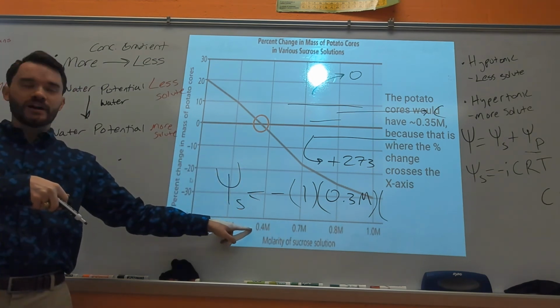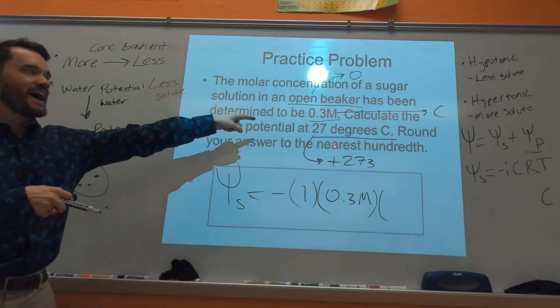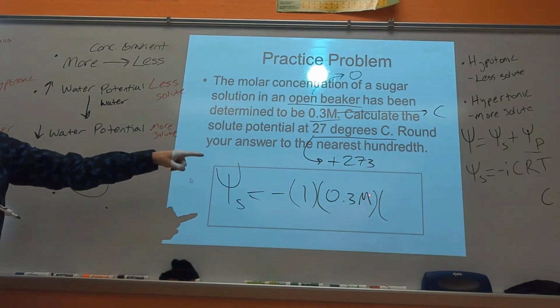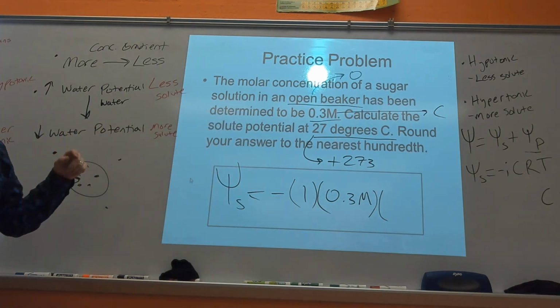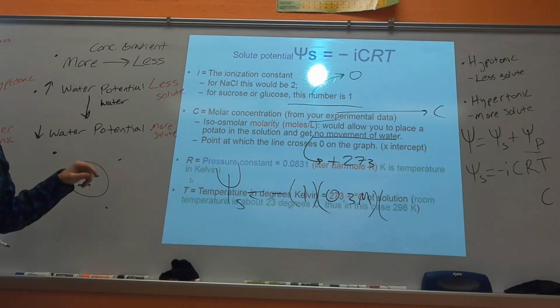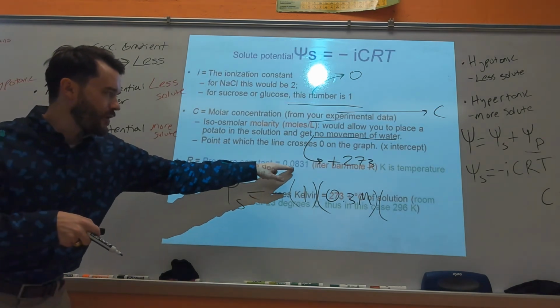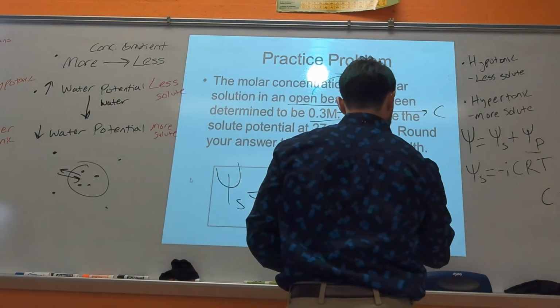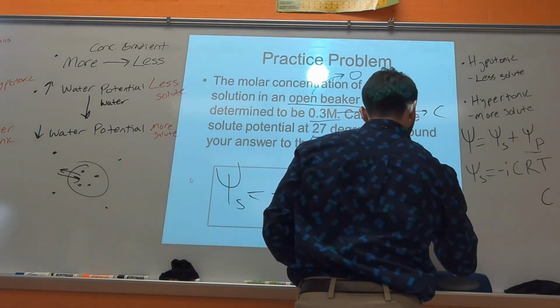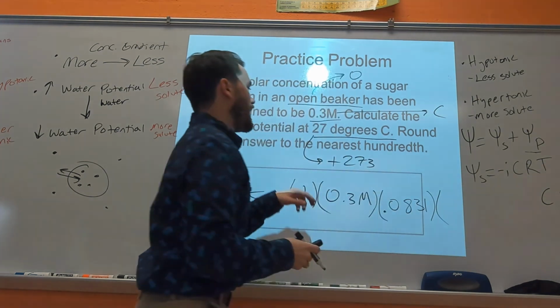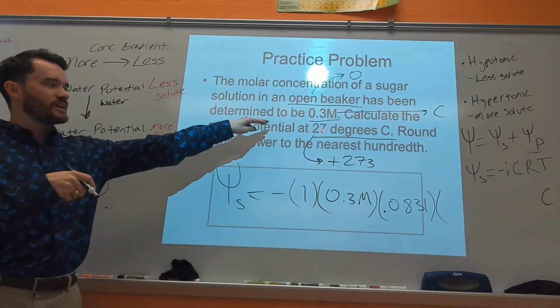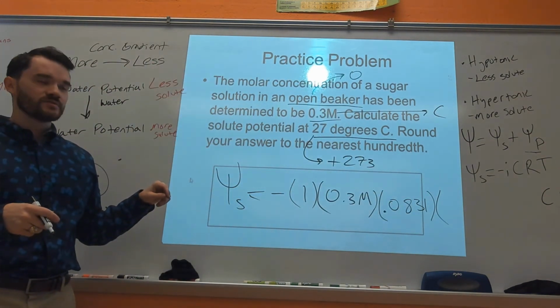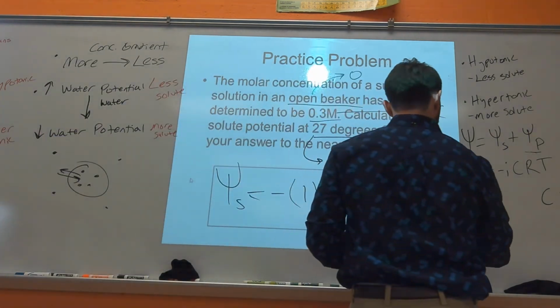Anyways, they were nice and just gave you the number 0.3, and then R. That's a constant that I don't have memorized. 0.0831. So this is times 0.0831, and then times our temperature. So 273 plus 27 is 300? Yeah, 300.